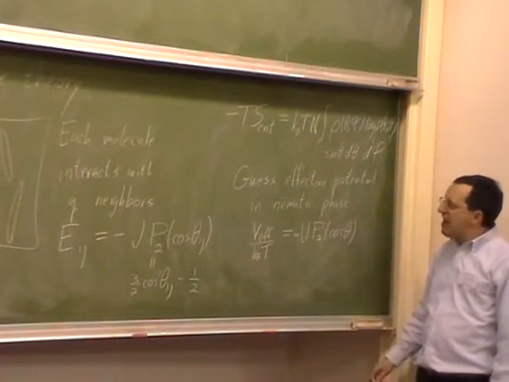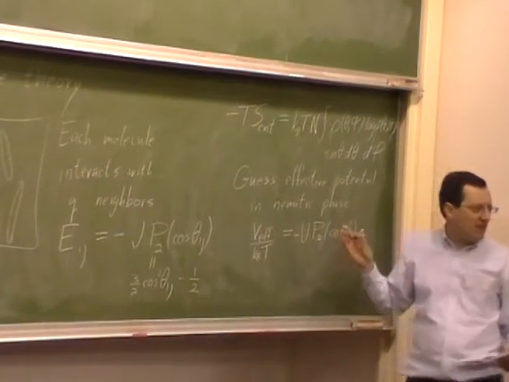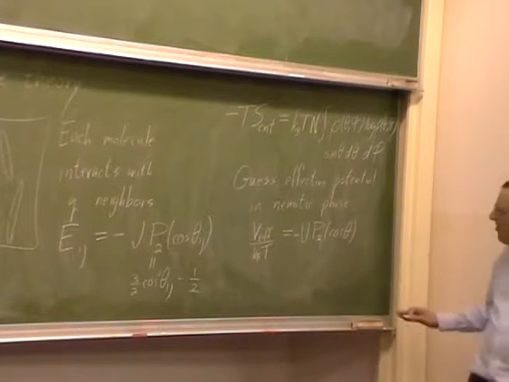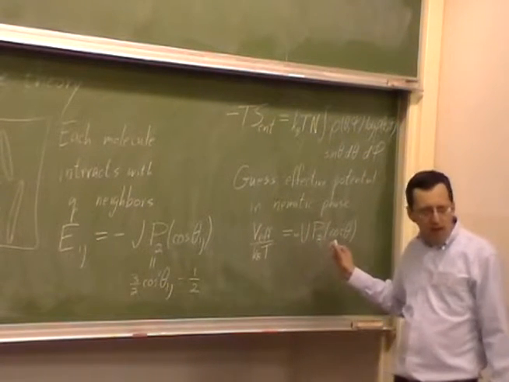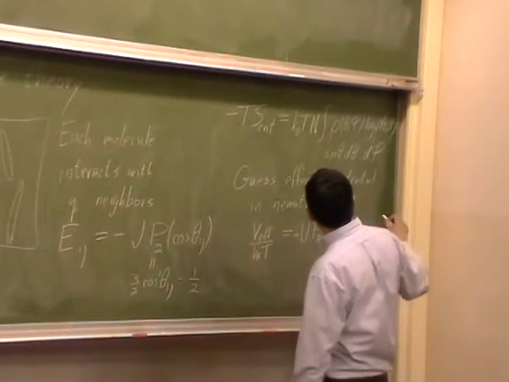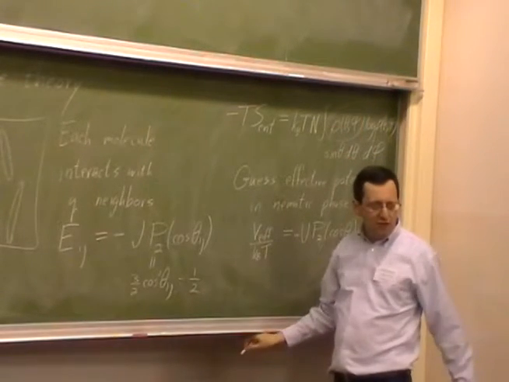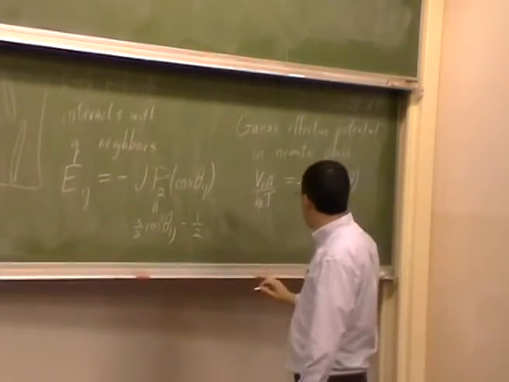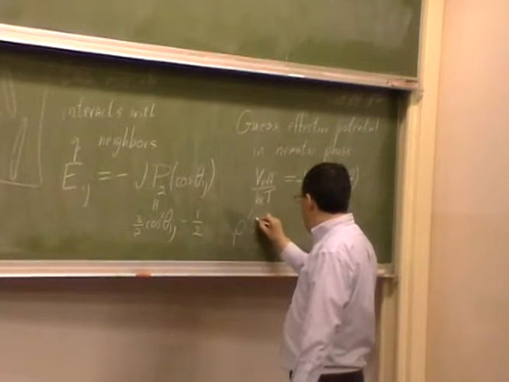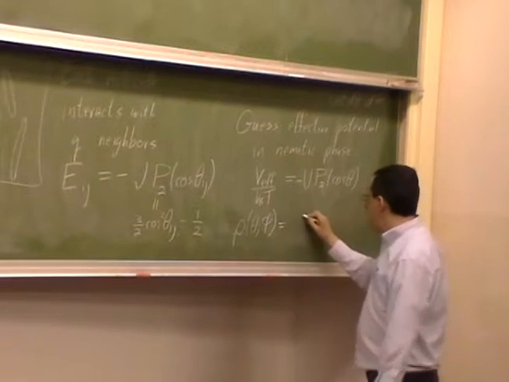If I had more time, I could actually prove this is true, but I don't want to take the time to do it, okay? So just trust me on that one. So if this is true, then we can say what the orientational distribution function rho of theta and phi is.